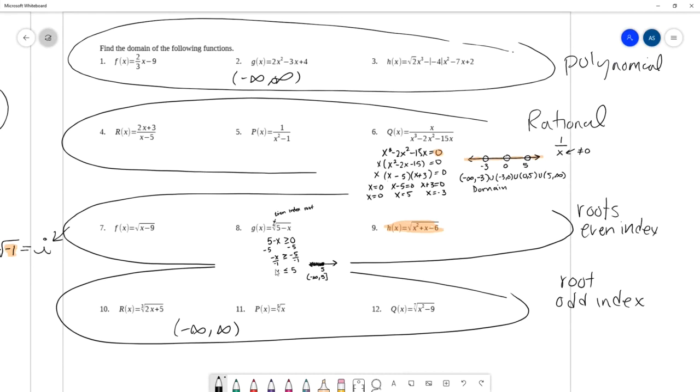When you solve that inequality, you'll get the domain. If you have a root with an odd index, here we have the cube root, the 5th root, the 7th root, these do not have any restrictions on the domain, and so the domain is all real numbers.